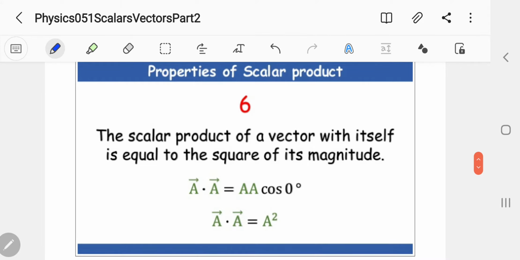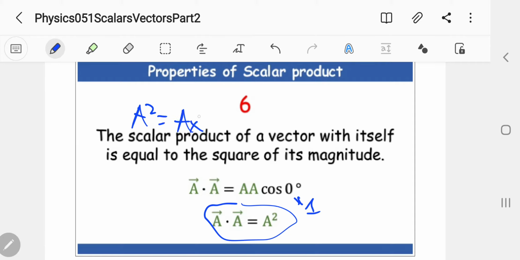The product of a vector with itself: of course, a vector is parallel with itself, so cosine 0 is equal to 1, so that's just A squared. A squared is equal to Ax squared plus Ay squared plus Az squared.